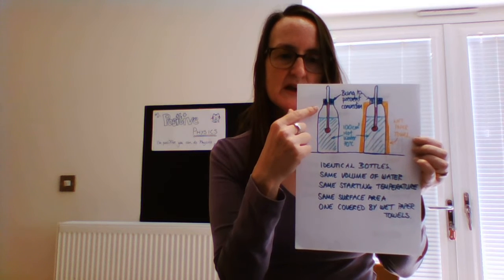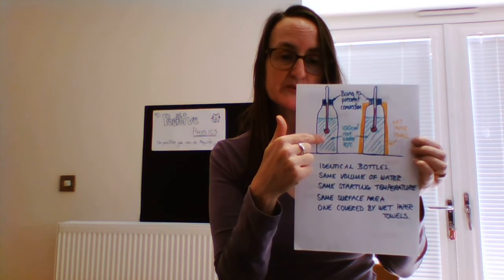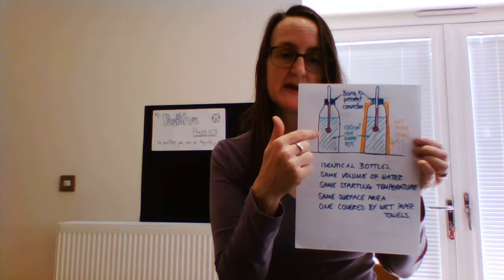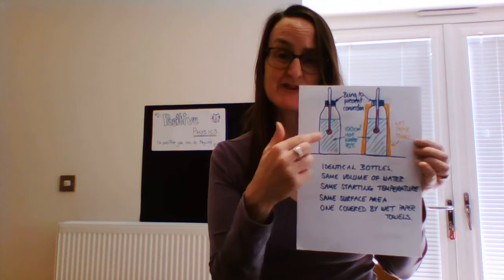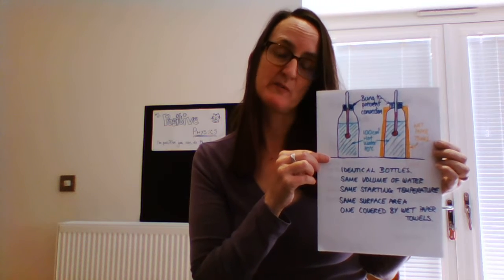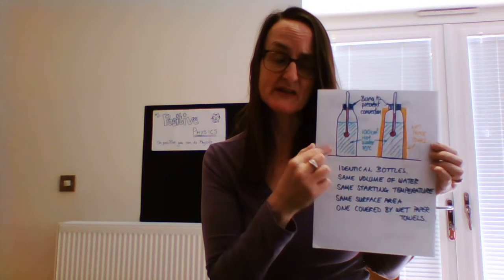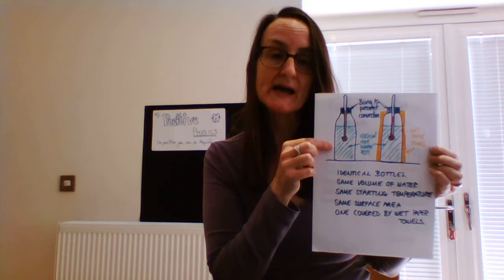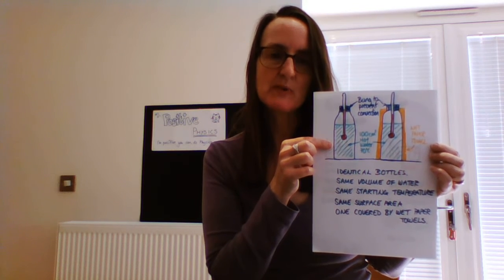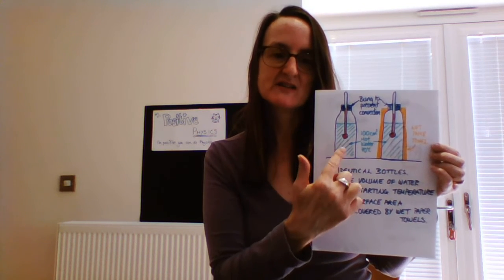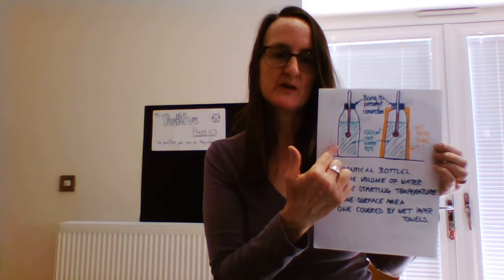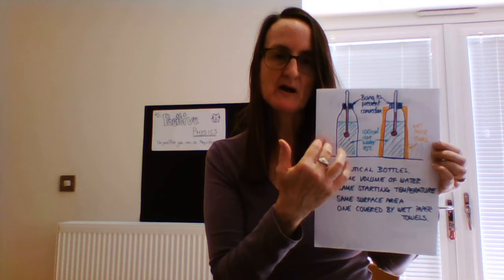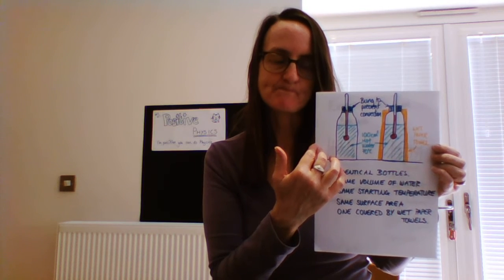I've got the same starting temperature and the same volume, and I've got, importantly, the same surface area on the outside of my bottle. Now the surface in this instance is where the heat transfer is going to take place to the surroundings. So as this water cools, it's going to conduct through the walls of the bottle, and then it will be passed into the surrounding air.